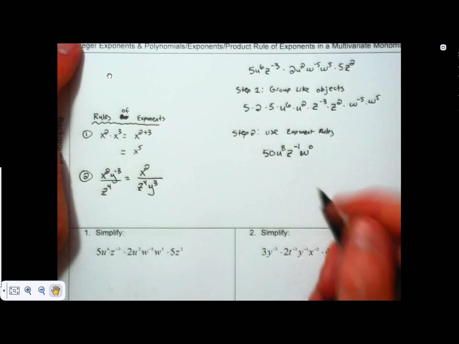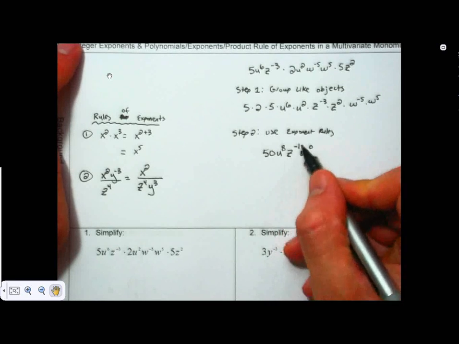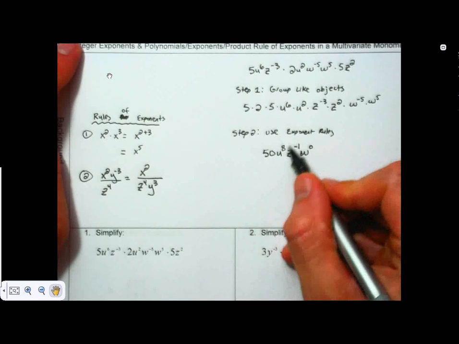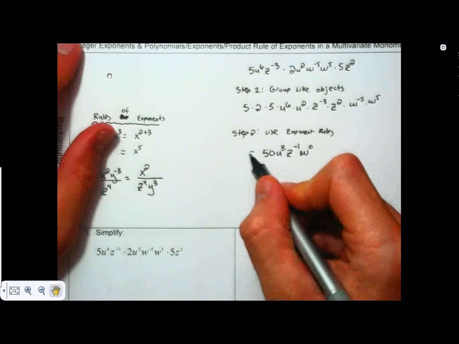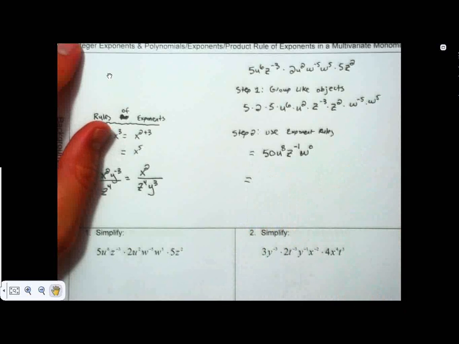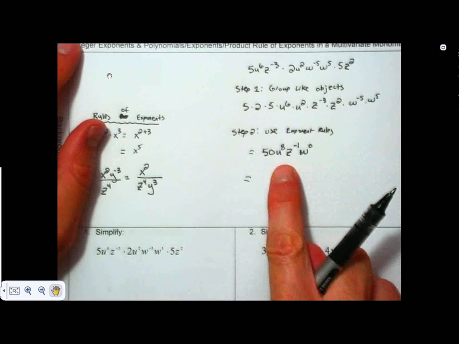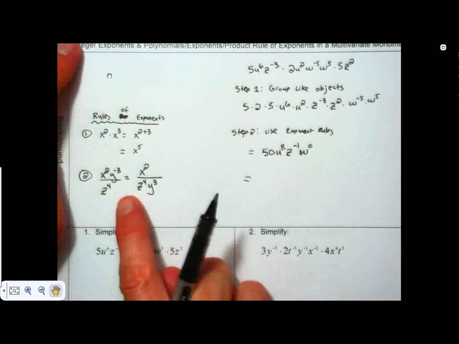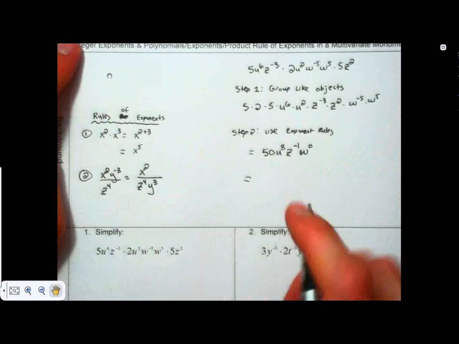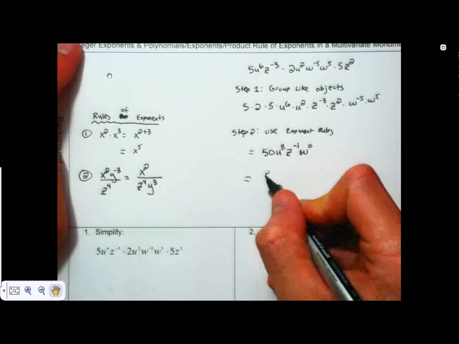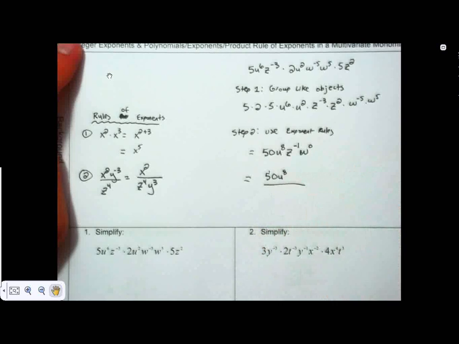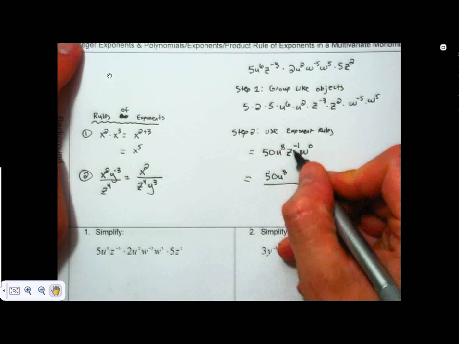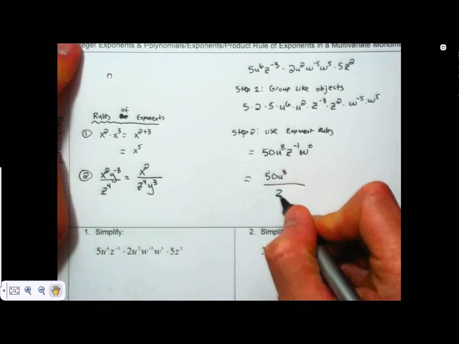Okay, now notice how I have a base with a negative exponent. So I have to fix that. And when I say fix it, I'm not changing the value of what I have, I'm just writing it in an equivalent way. Since I don't have a bottom currently, I'm just going to make one. I know that z is going to move to the bottom.